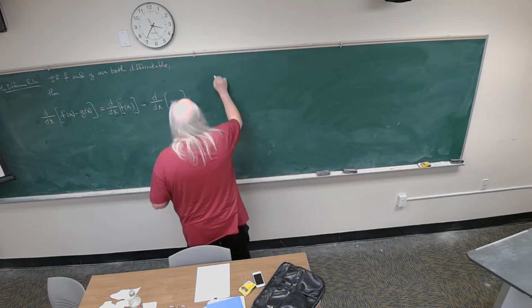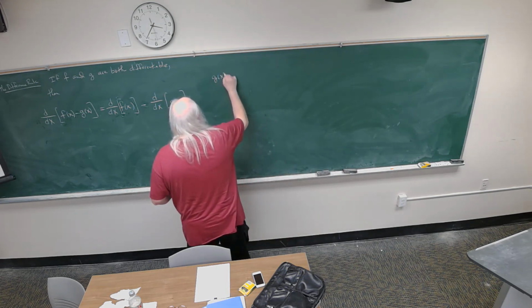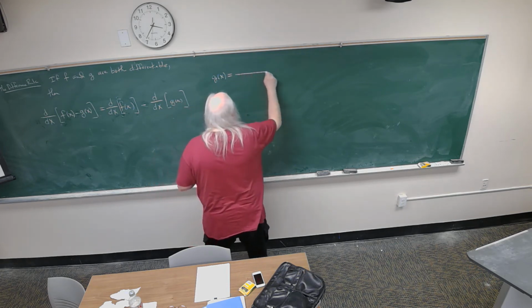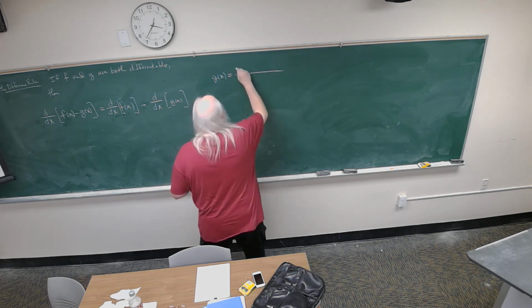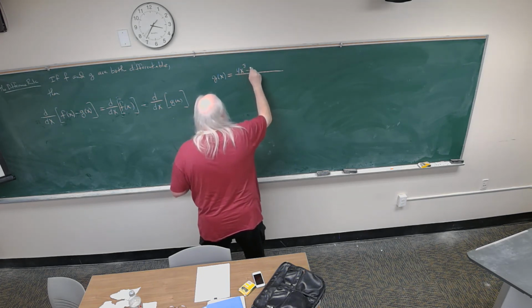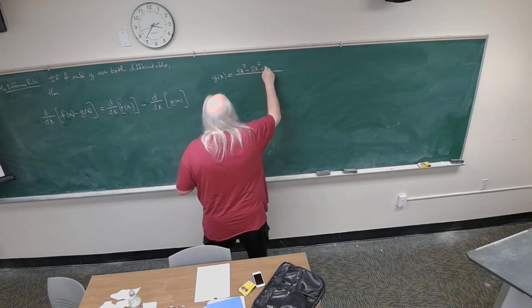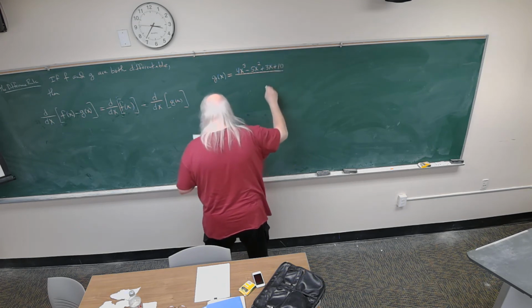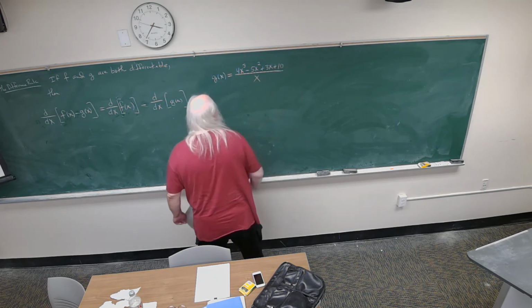So I have g of x is equal to 4x cubed, so this is a quotient, 4x cubed minus 5x squared plus 3x plus 10 divided by x.